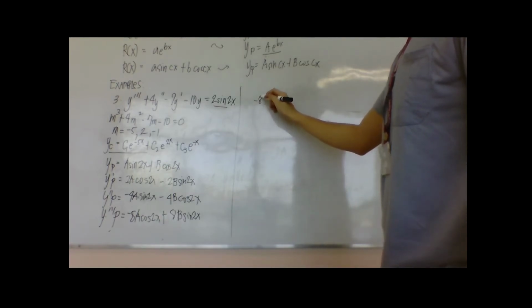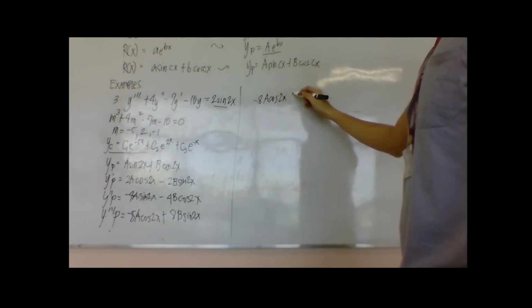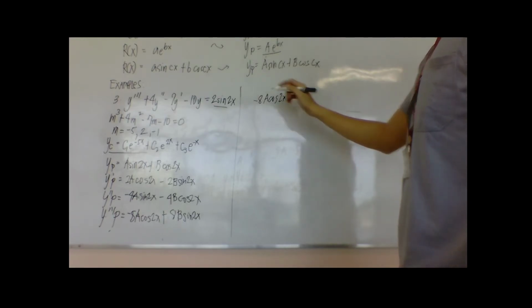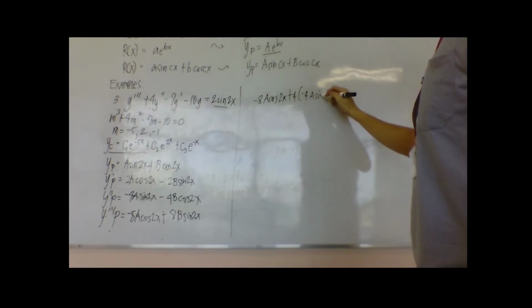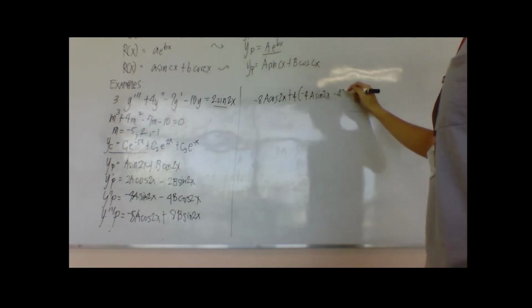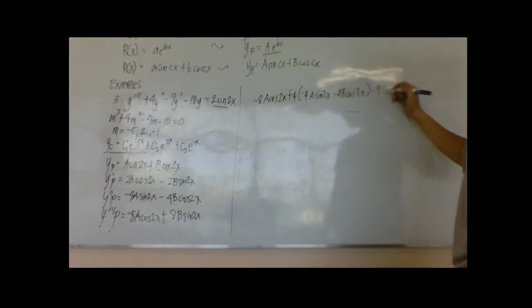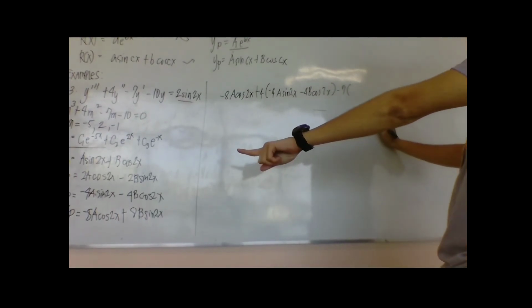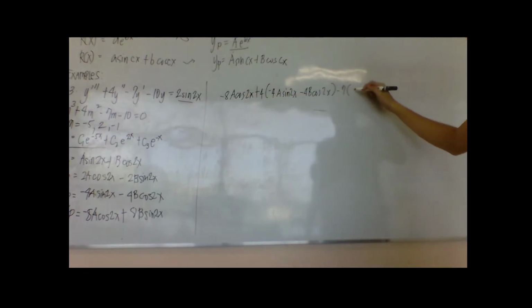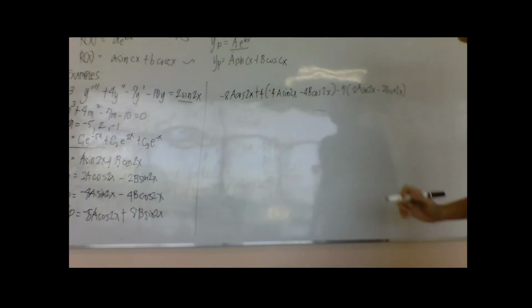So negative 8a cosine 2x plus 4 times negative 4a sine 2x minus 4b cosine 2x minus 7 times our y prime of p, which is 2a cosine 2x minus 2b sine 2x.